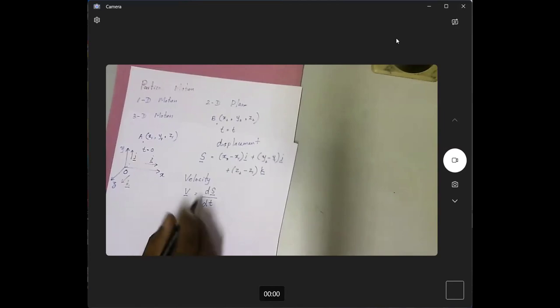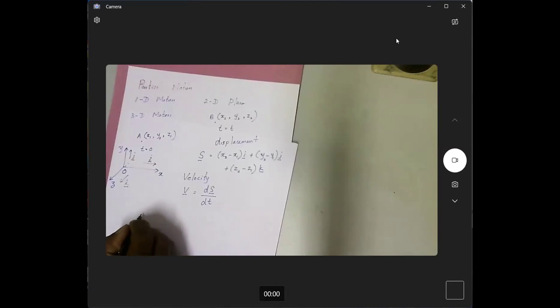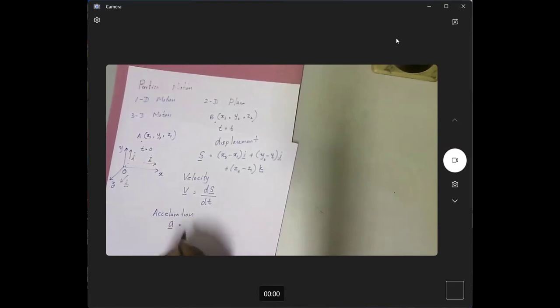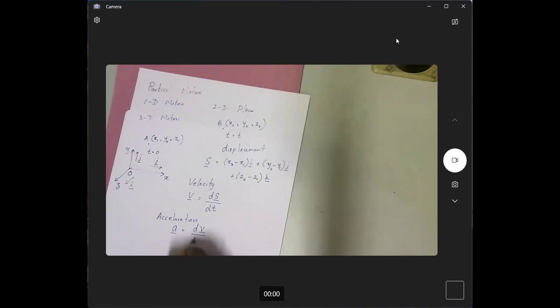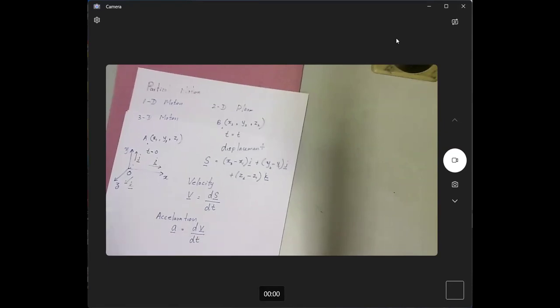Then we can define another quantity, which is the rate of change in velocity. It is called the acceleration, and typically it is denoted by the letter a, and this will be dv over dt.